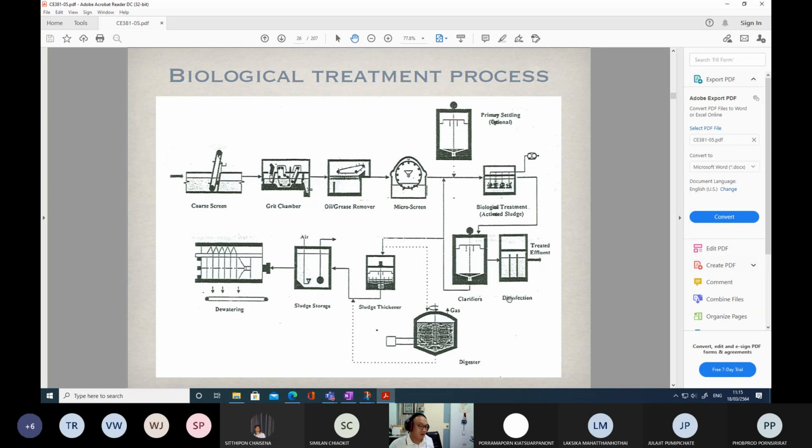Disinfection may be required or may not be required for a wastewater treatment, depending on the receiving stream. So if we discharge the treated wastewater into a river which passes through the city, in that case disinfection may be strongly recommended. But if we discharge somewhere outside or in the downstream part, disinfection may not be required.